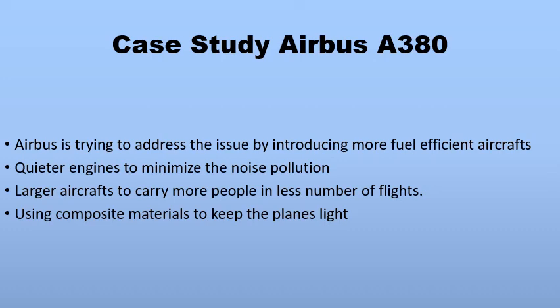Another way is to make the aircraft lighter, because when the aircraft is lighter, the burden on the engine is reduced, so it burns less fuel than a heavier aircraft. In this way, they are adding composite materials to the aircraft's body, which make the planes light and, as a result, reduce the burden on the engine.